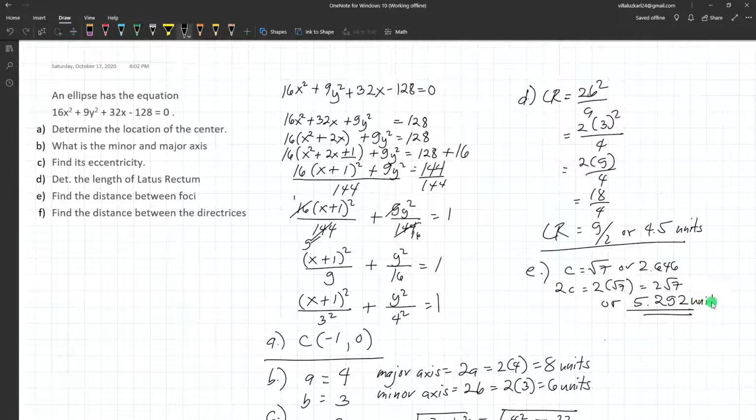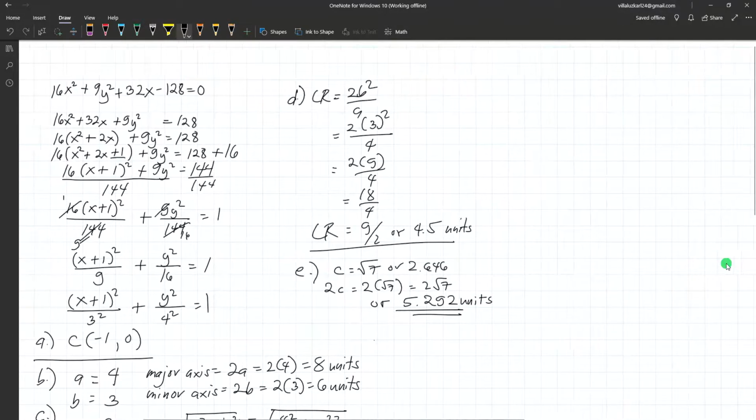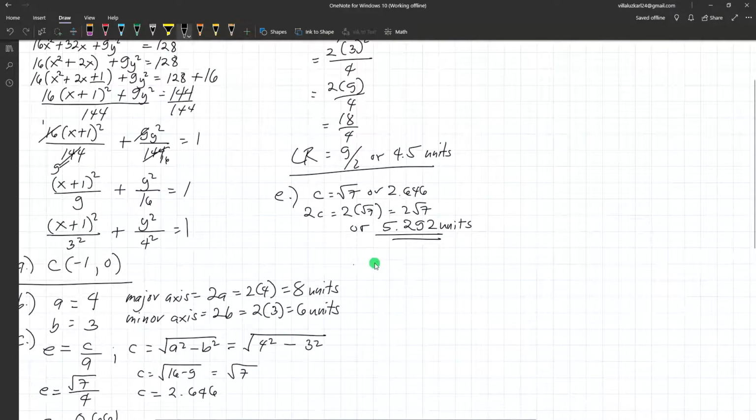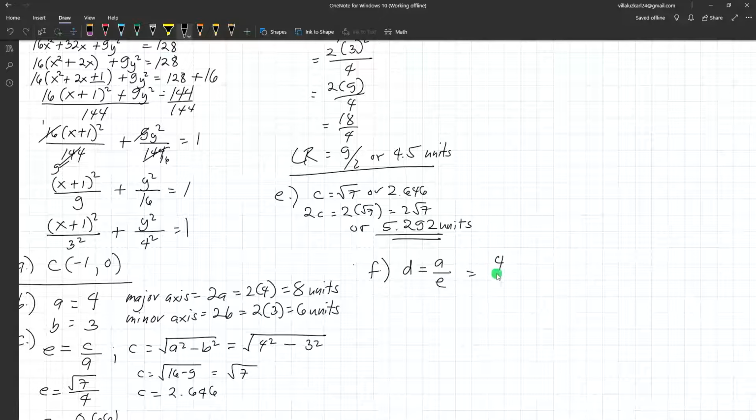Last question, letter F. Find the distance between the directrices. So d is equal to a over e. a is 4. Eccentricity is 0.661.